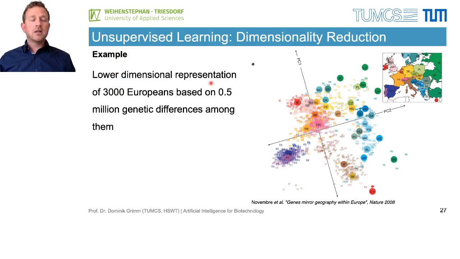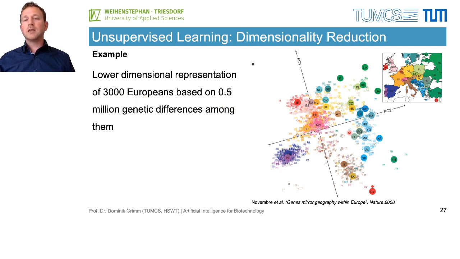They then just did a simple principal component analysis. You will learn about it later, and you don't have to understand the concept of principal component analysis right now. But what they did, they just plotted the first principal components. So you get a 2-dimensional plot, a coordinate system, and then they highlighted all the individuals, so each single dot here is one of the 3,000 Europeans.